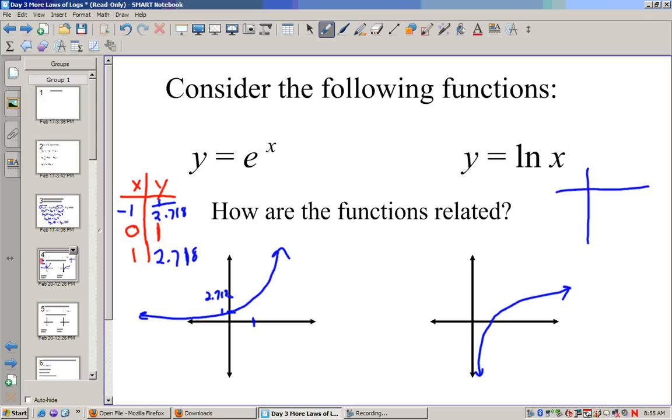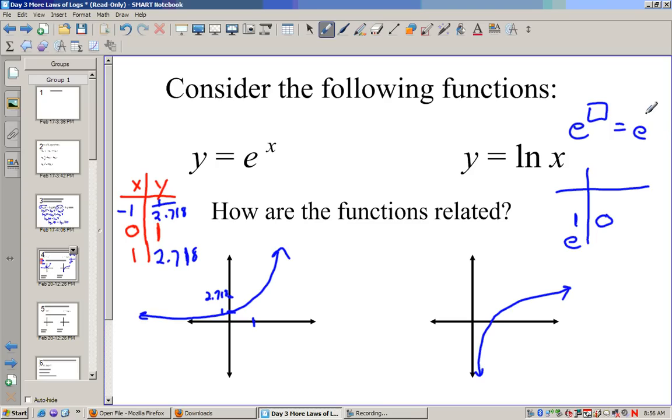So if I want to find the natural log of 1, that's saying e to which power equals 1? That answer is 0. If I wanted to put e on here, then that means I'm having e on this side.